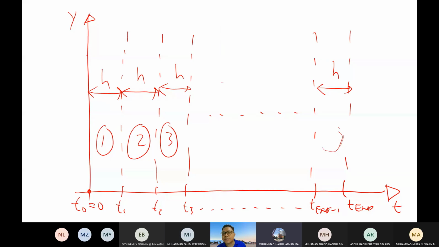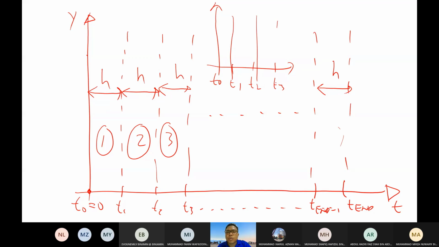How many intervals? If let's say this is my t naught, t1, t2, t3, until t3, we have how many points here? 1, 2, 3, 4. But the number of intervals is 1, 2, 3.